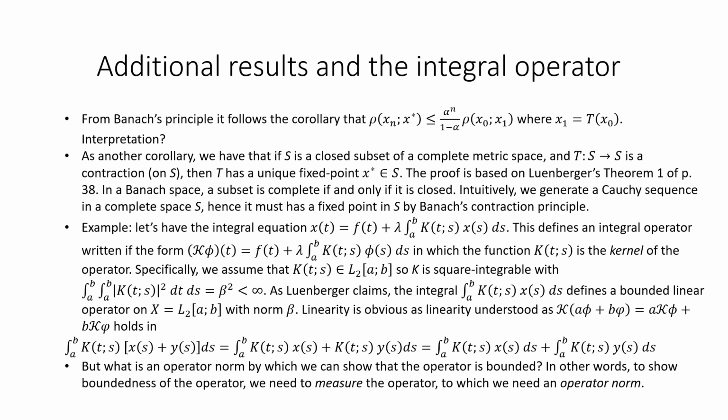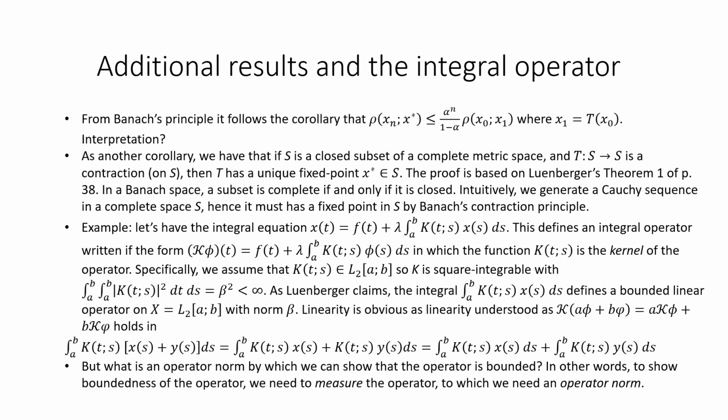This is just a sketch of the proof. In a Banach space, a subset is complete if and only if it is closed, and S is closed, so it must be complete. So actually, we repeat Banach's contraction principle.